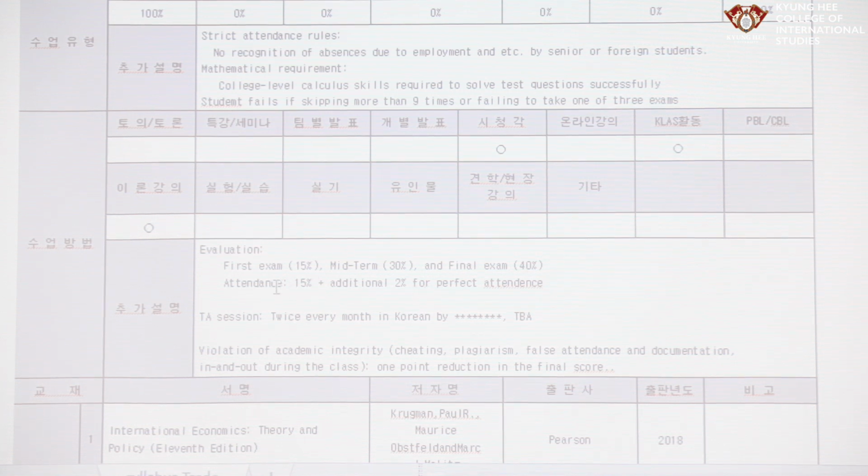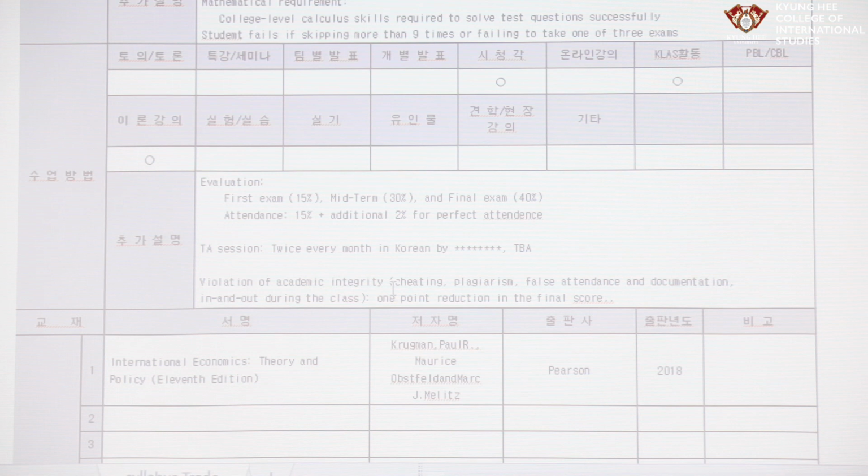So I'm not so strict on attendance. Even if you skip more than 8 or 9 times, all the students can receive the 15%. In sum, the attendance score is not so important in the final grade. This just decides whether you fail or pass, right? And your grade level is decided only by test scores. Should be careful about this.